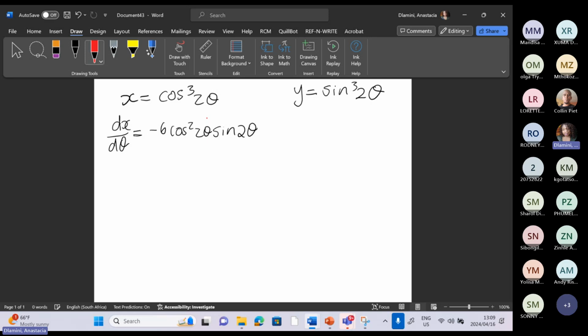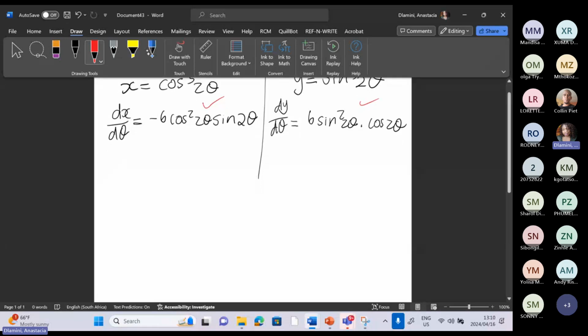So that's a mark. It's also the same as mine. So dy over d theta is equal to 6 sine squared 2 theta times cos 2 theta.